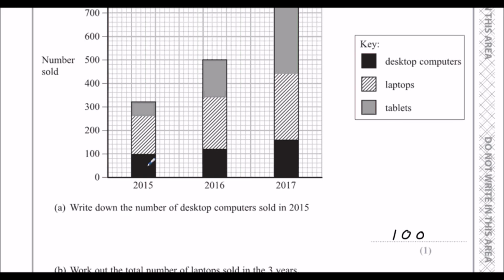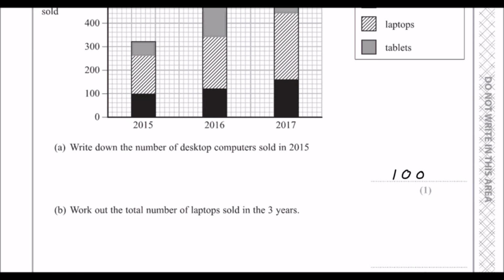So this first one, 2015, goes from 100. And these are in 20s up the side. Each little box is 20. So it goes from 100 to 260. So I'll write 260, take away 100.